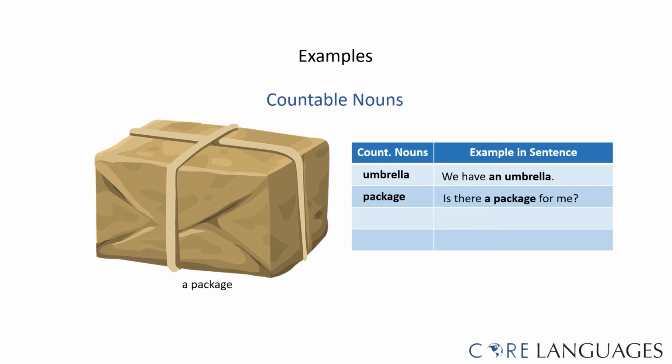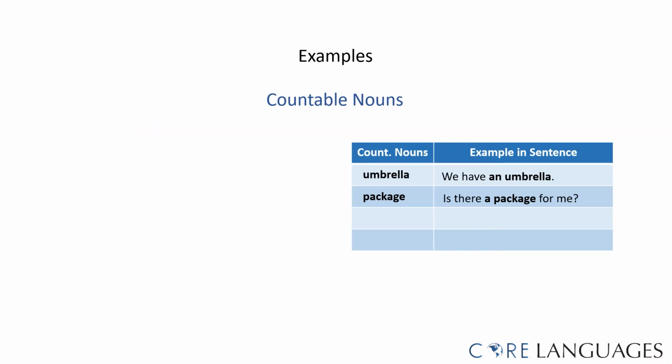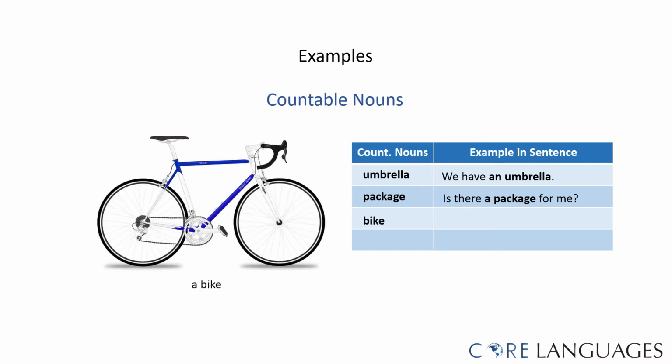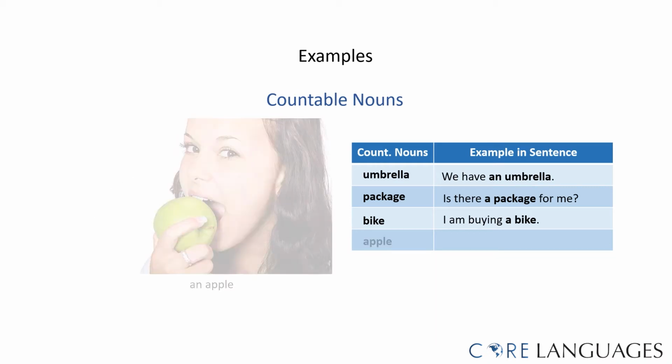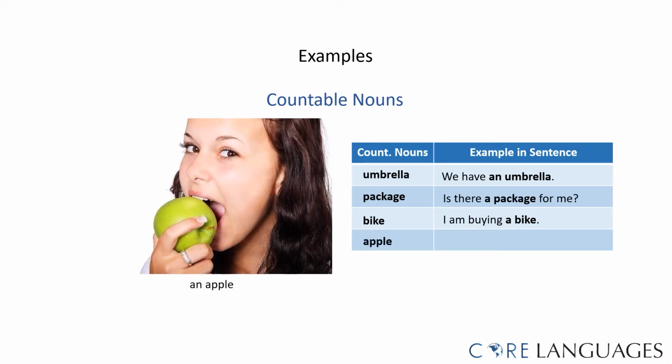Is there a package for me? A bike. I am buying a bike. An apple. She is eating an apple.